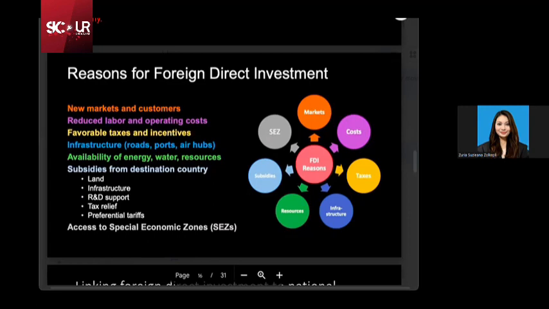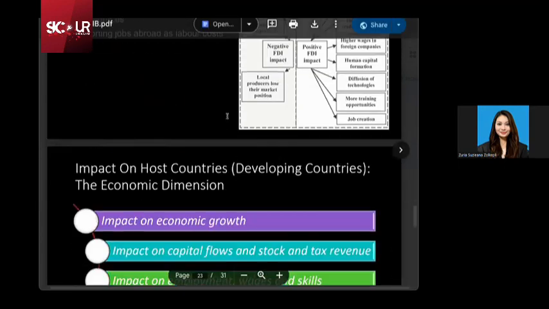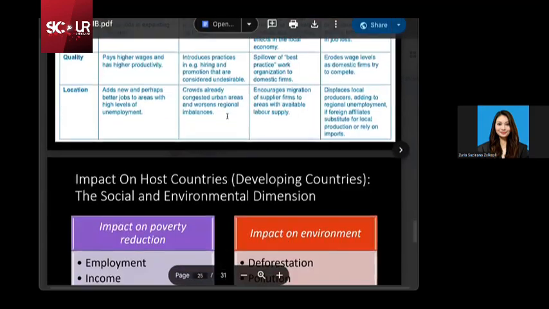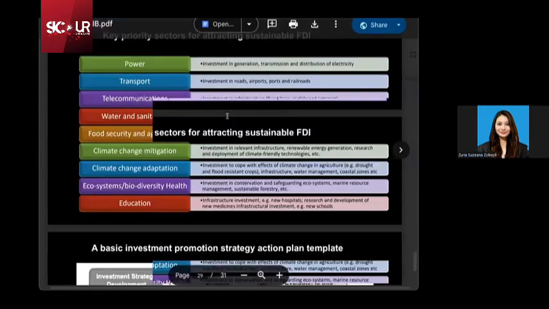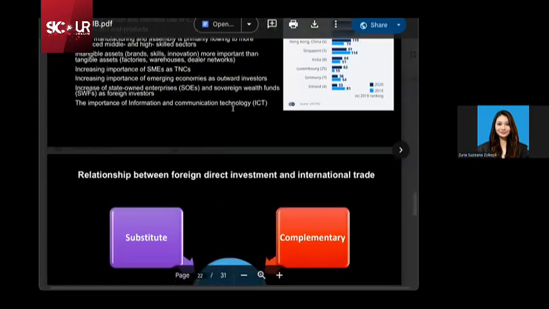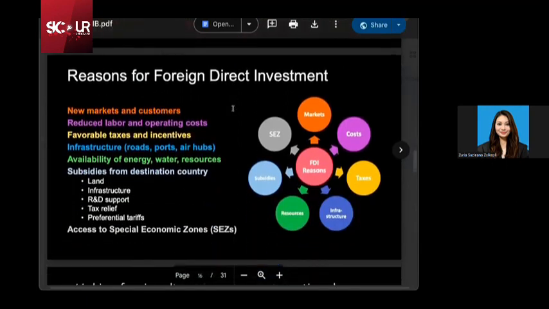These can be reasons for FDI, and they can also be the factors that attract FDI. Climate, all right, basically the same. What attracts FDI, and the reasons for the company to go for FDI.